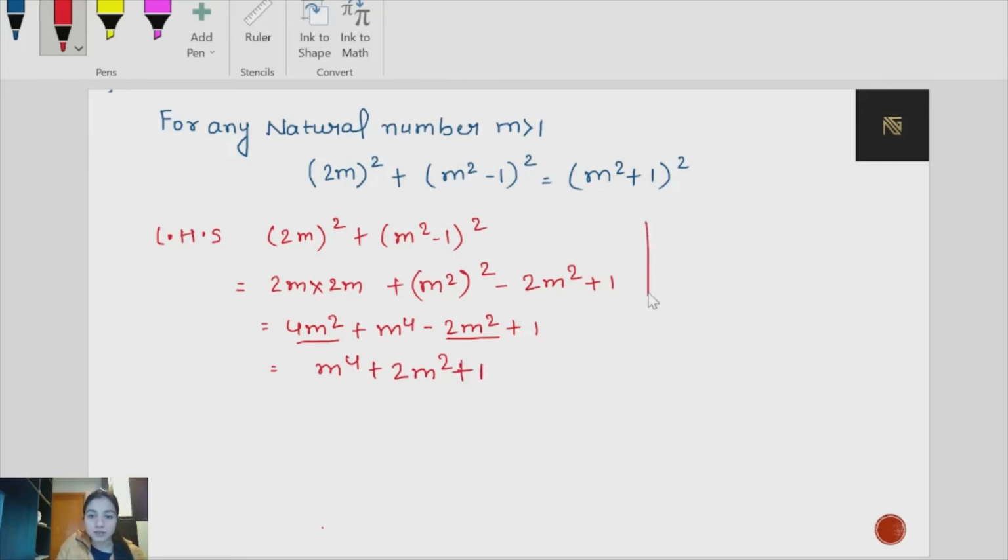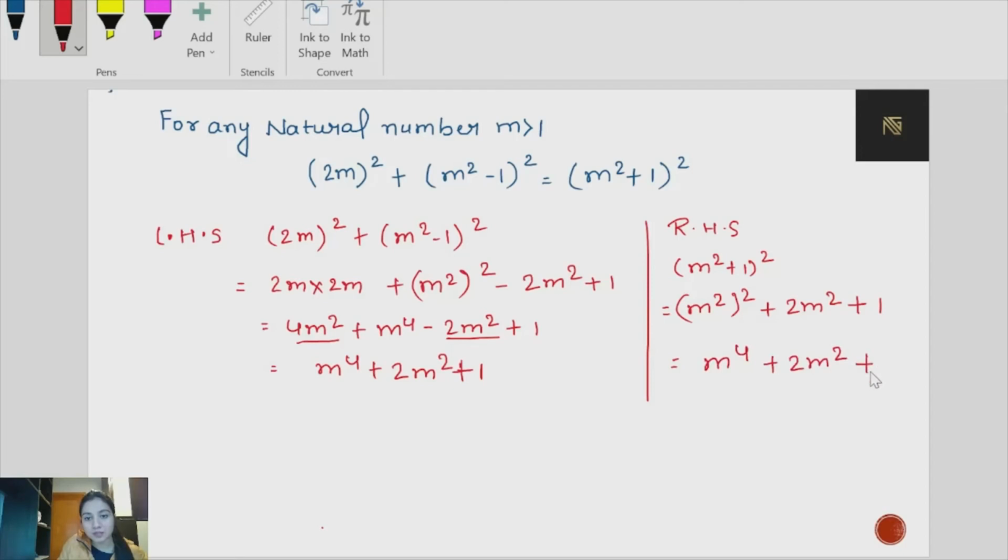Similarly, we will solve our right hand side. So we are having m square plus 1 whole square. Apply the identity of a plus b whole square. We'll get a square plus 2ab plus b square. And at last it will be m to the power 4 plus 2m square plus 1. So what are we getting from here? That our left hand side is equal to right hand side.